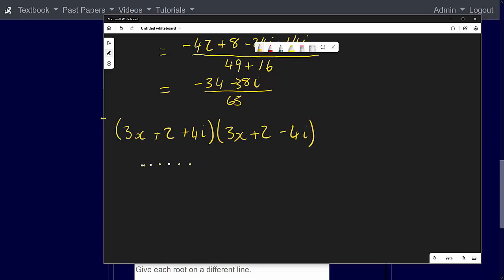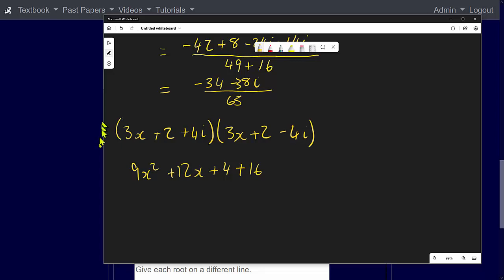Okay, so we're going to multiply that out, so we're going to get 9x squared plus 12x twice, that's the 3x times 2, and we've got 2 of those, and then plus 4, which is the 2 times 2, and then plus 16, which is the 4i times minus 4i, which will give us minus 16i squared. The i squared is equal to minus 1, so that becomes plus 16.